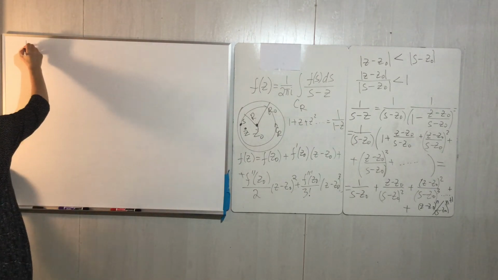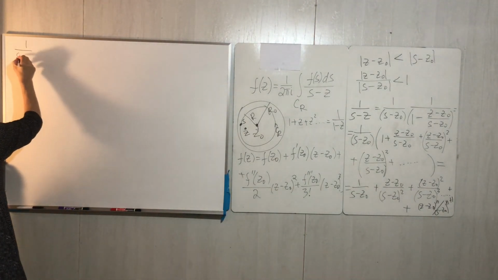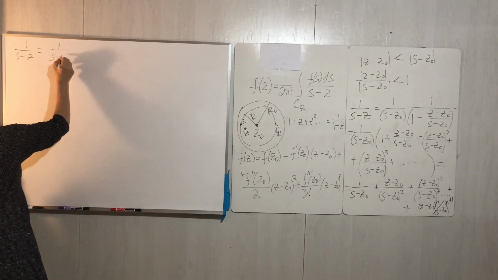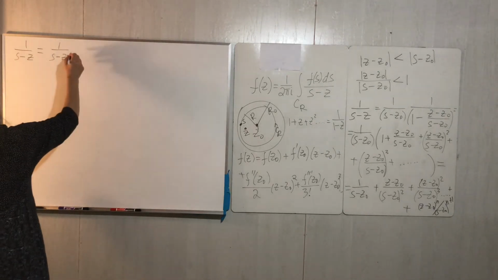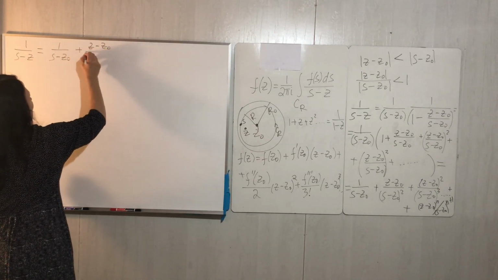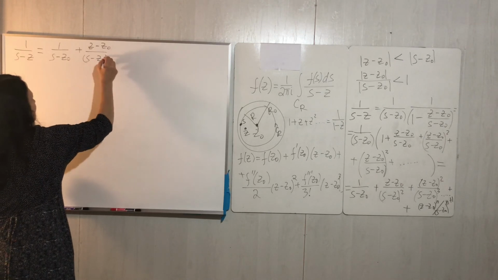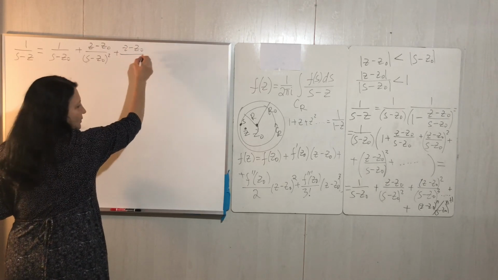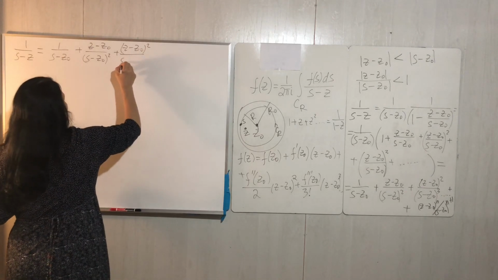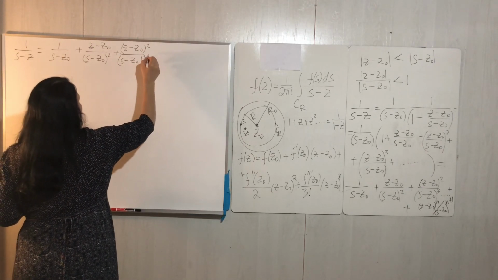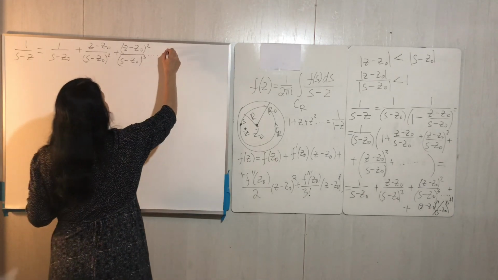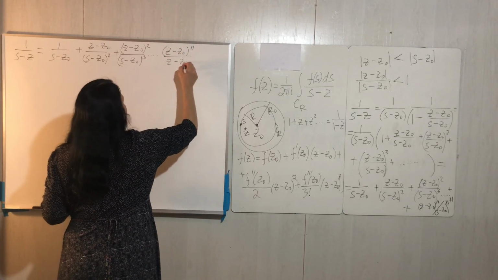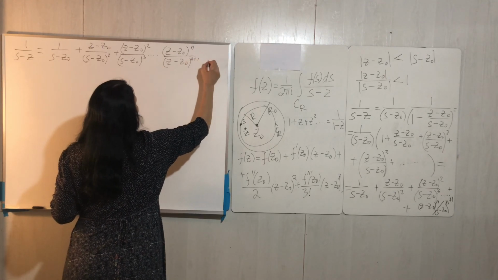So what we have is 1 over (s minus z) equals 1 over (s minus z sub 0), plus (z minus z sub 0) over (s minus z sub 0) squared, plus (z minus z sub 0) squared over (s minus z sub 0) cubed, and the nth term (z minus z sub 0) to the n over (s minus z sub 0) to the n plus 1, and so on.